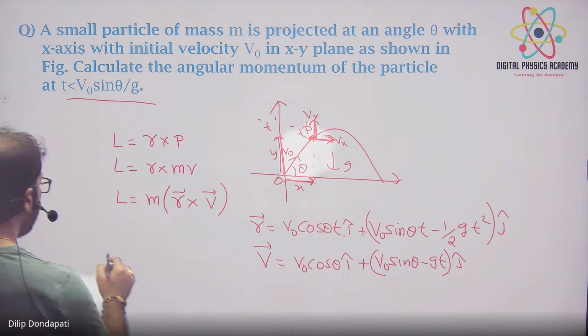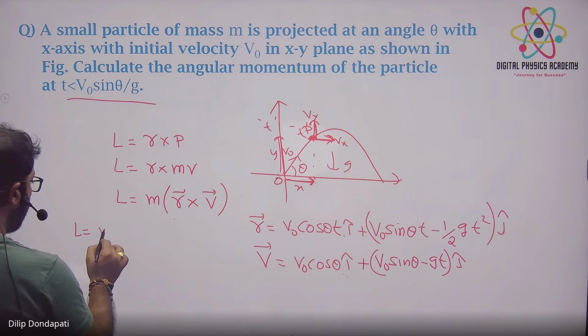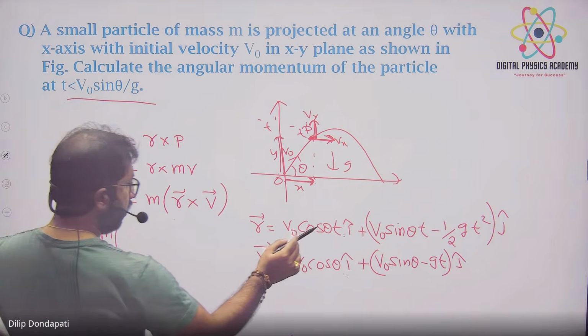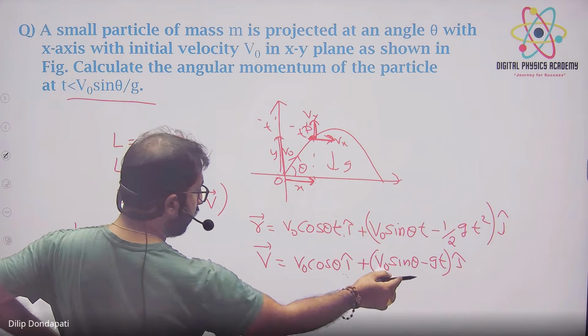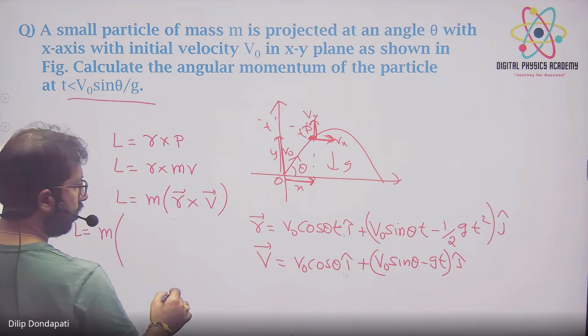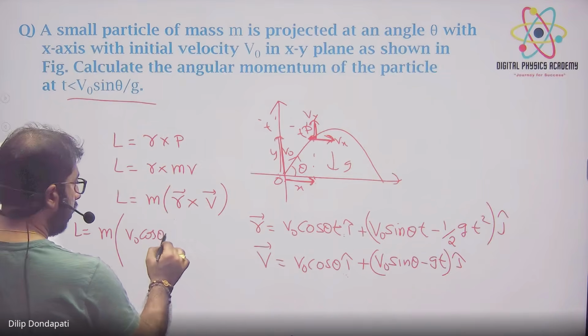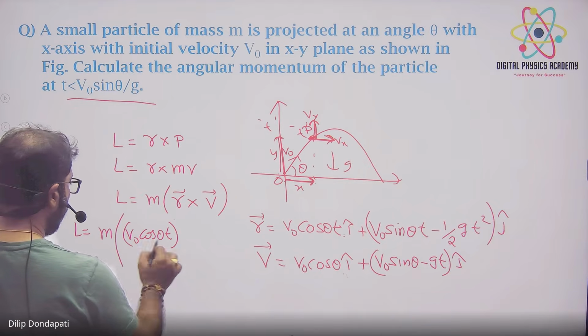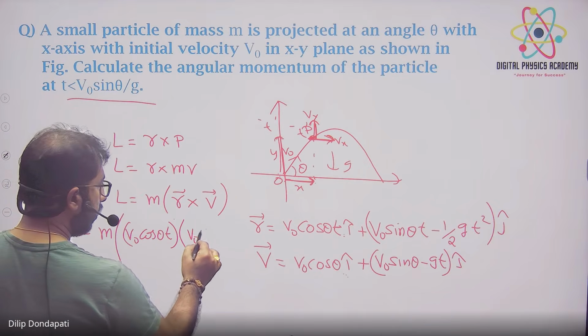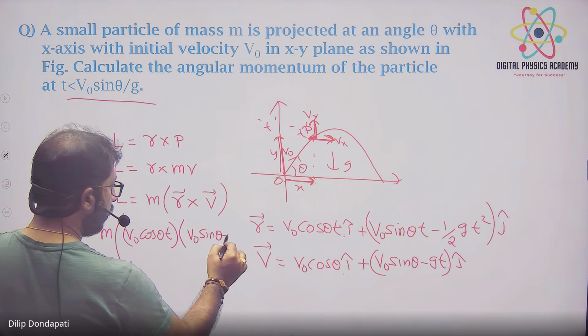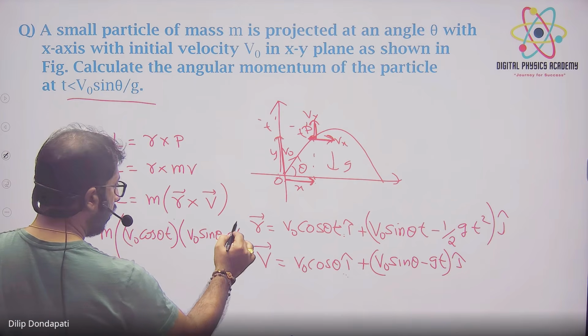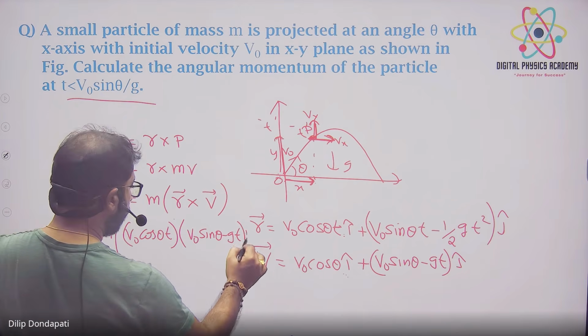So क्या बचेगा? L is equal to m times this into this, तो ये वाला बचेगा, right? So v naught cos theta into t into v naught sin theta minus gt. Okay, i cross j is k cap.